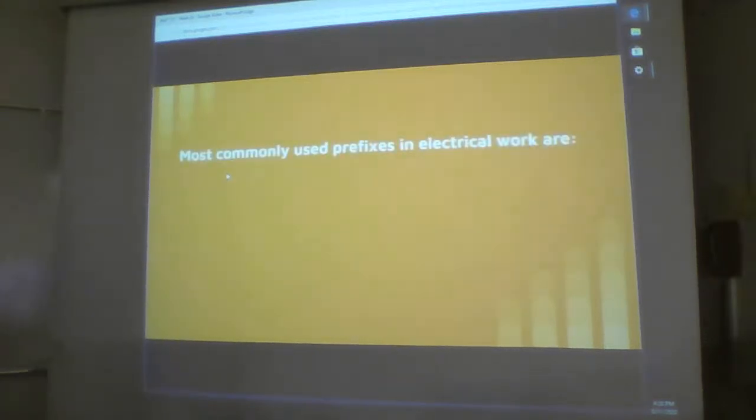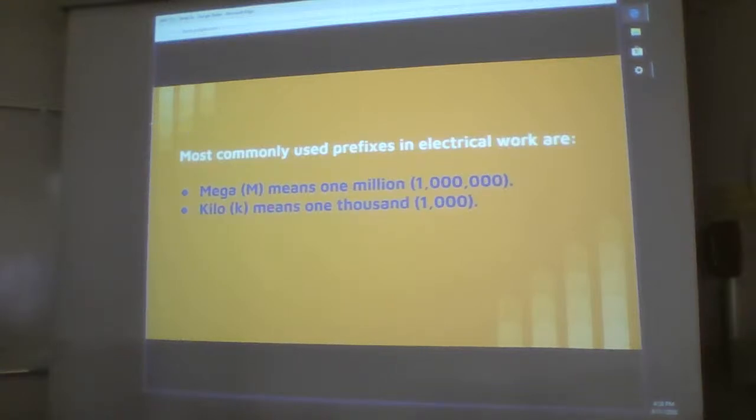The most commonly used prefixes in electrical work are: mega, which means 1 million. The symbol for that is a capital M. We're also measuring kilo, the symbol is a lowercase k, and that stands for 1,000. Milli, lowercase m, means 1,000th, 1 over 1,000.